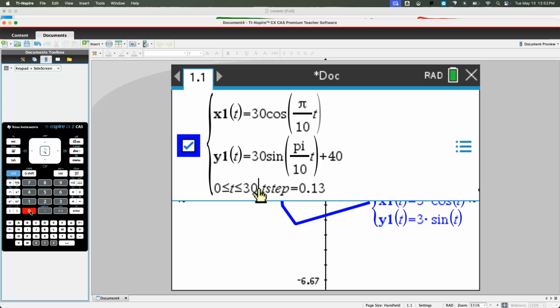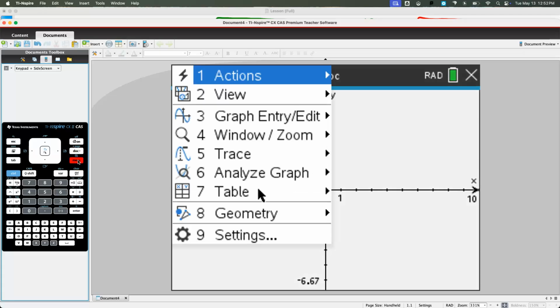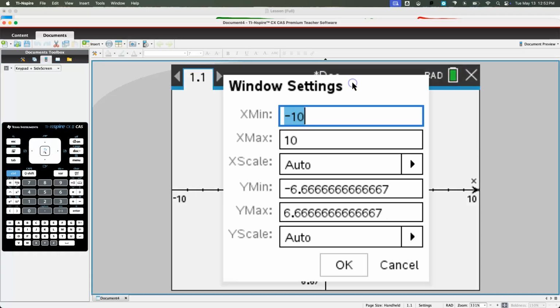When I hit enter, why don't I see my Ferris wheel? We adjust our window. Now, we can mathematically think about what our window is going to be. X values. How far left do we need to go with our x's? We need to go at least negative 30. So let's be able to see it. Let's go negative 40.